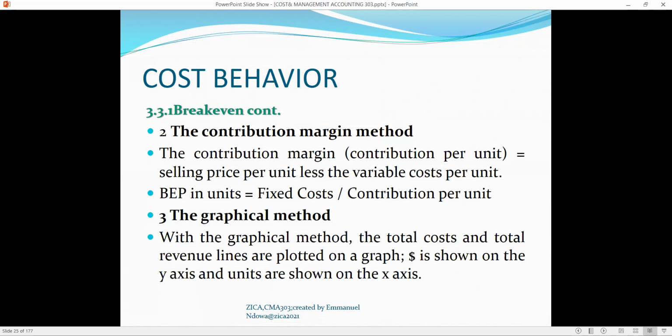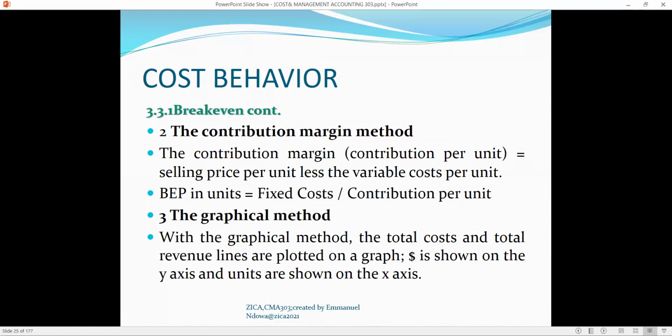When you get this, you then need to figure out your fixed costs. To get the break-even point in line with this method, you take fixed cost divided by contribution per unit. That's how you get your break-even point in units under the contribution margin method. Are we together on this?